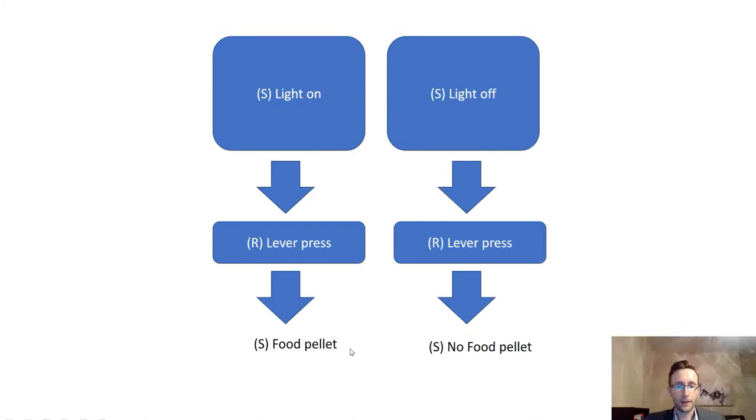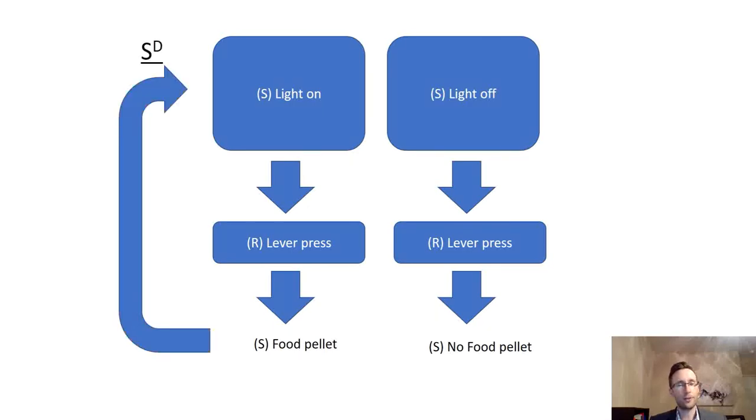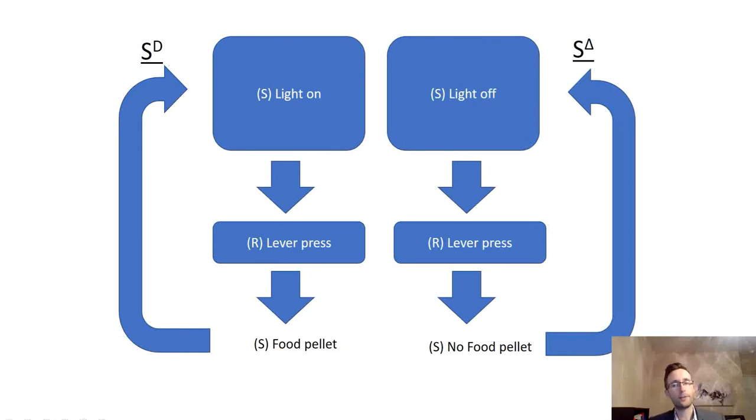But different consequences for the behavior in the presence of different stimuli has a function altering effect on those stimuli. So differential reinforcement here turns light on into an SD, and it turns light off into an S delta. That's the function altering effect of differential reinforcement.